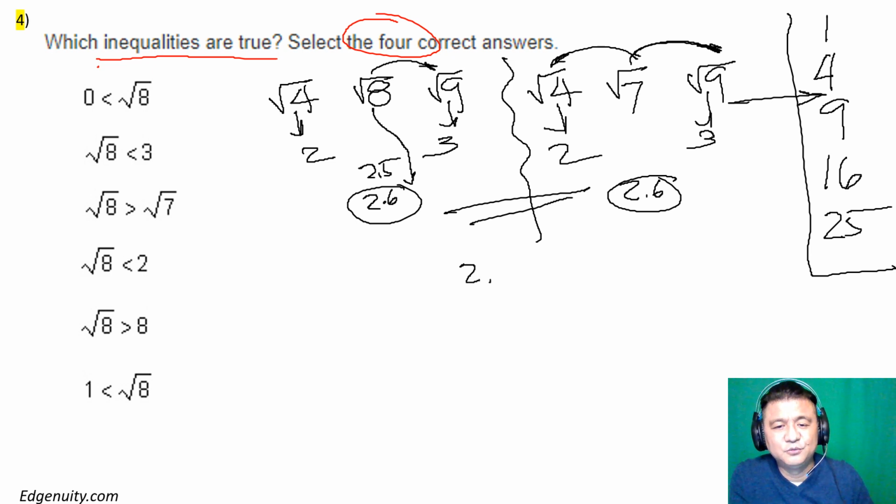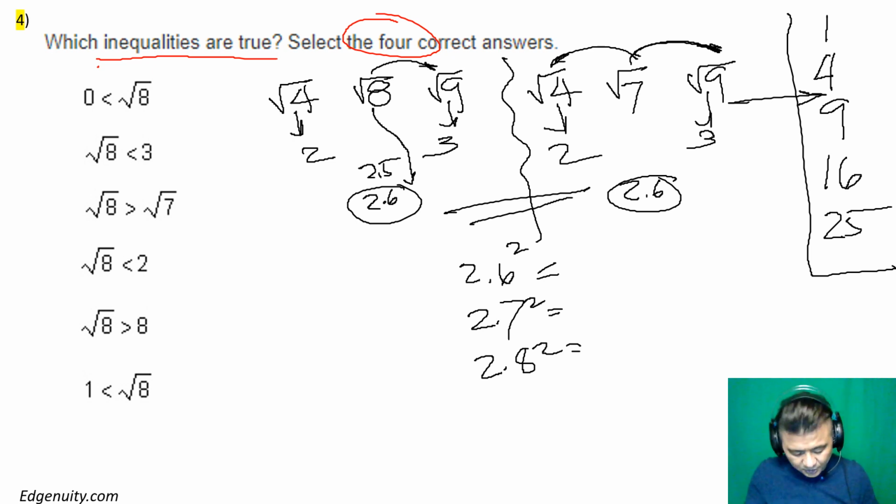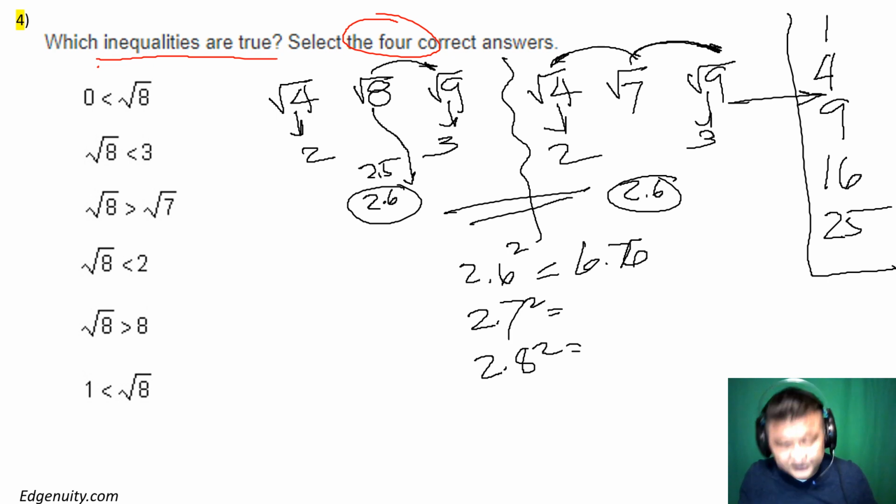Let's compare then. 2.6, 2.7, 2.8. So let's square that. Where does the square root belong? 2.6 squared is 6.76. And then 2.7 squared is 7.29. 2.8 squared is 7.84.